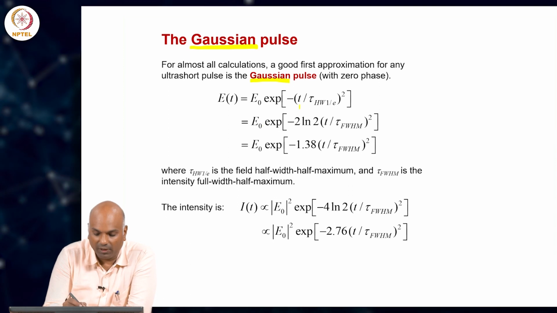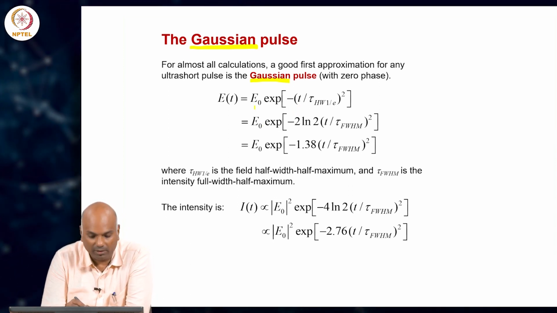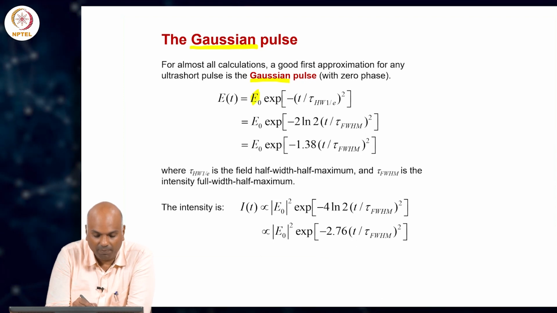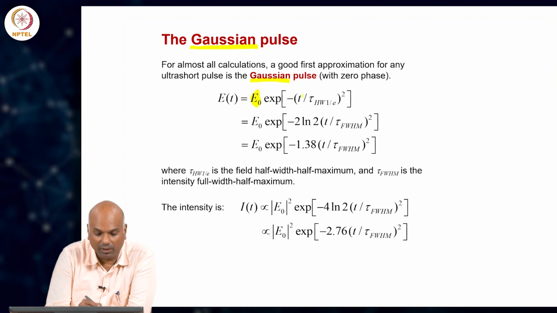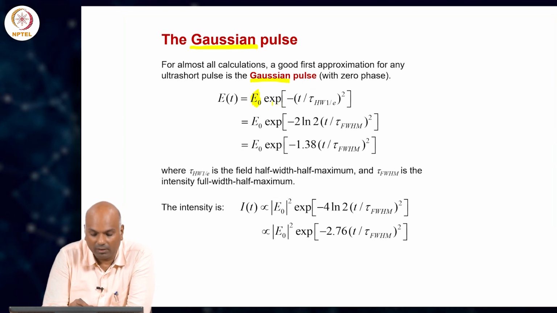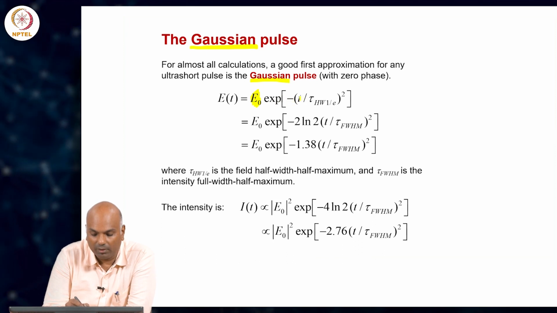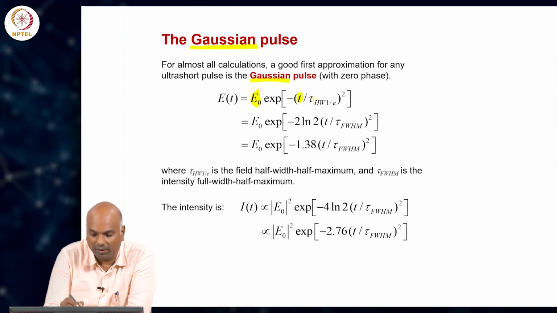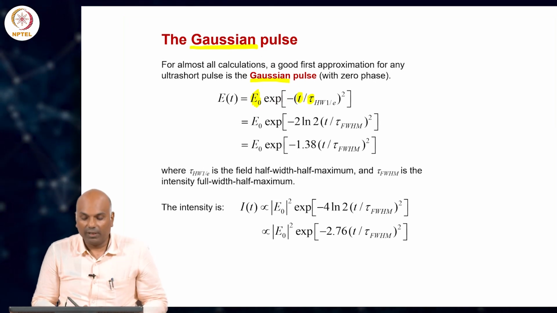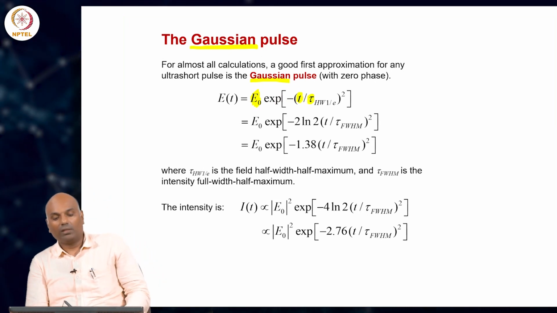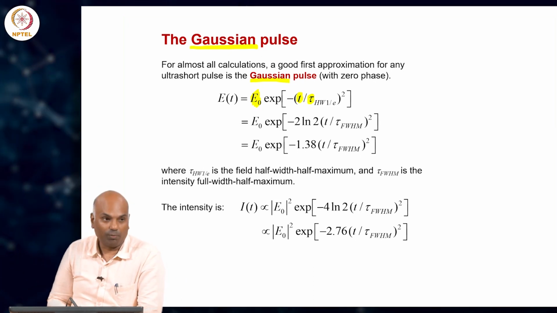And the Gaussian function has its specific mathematical descriptions where it has the amplitude or the envelope function of the pulse E of t, which is exponent of t, the time variable, divided by the variable that connects to the width of the Gaussian, which is tau, half width at 1 over e point.